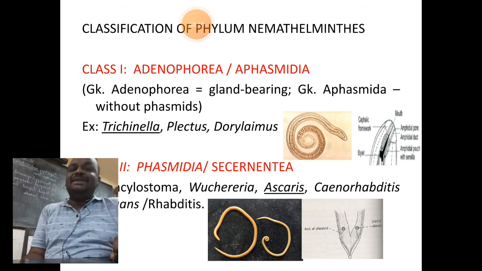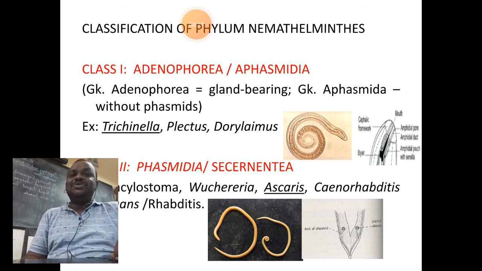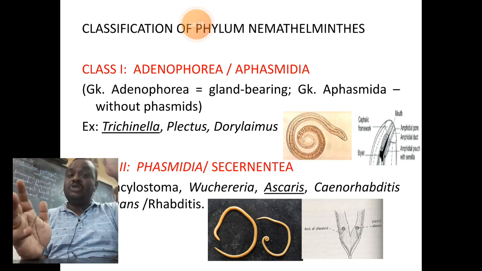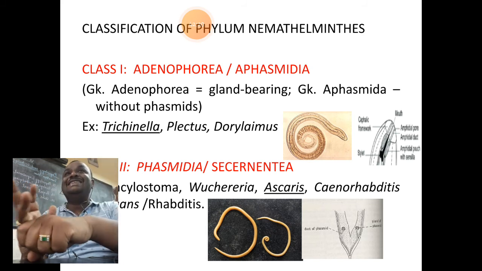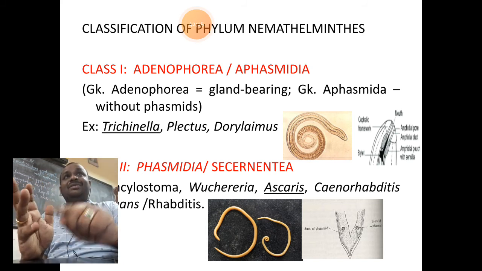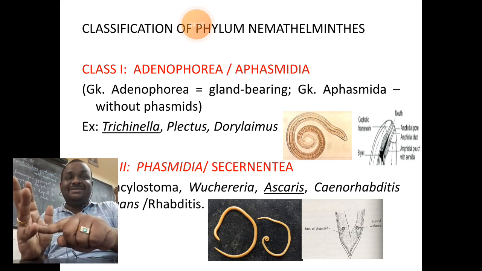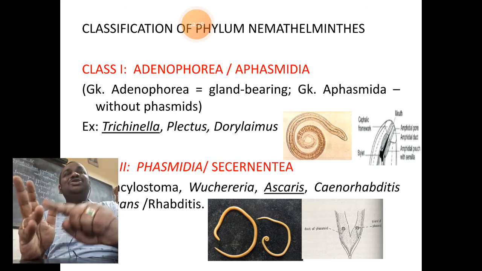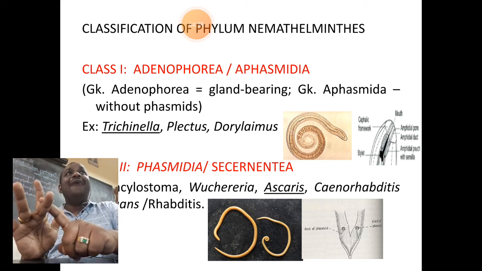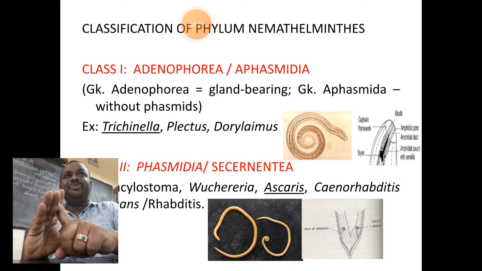Now, after understanding the general characteristic features of Platyhelminthes, students remember the very special characters related to nematodes. Number one, they are pseudocoelomates. Number two, they have a syncytial epidermis with a cuticle outside. Number three, they do have a muscular pharynx.